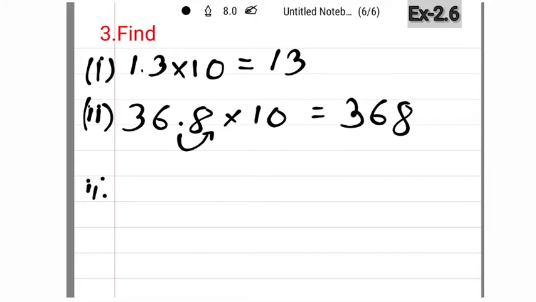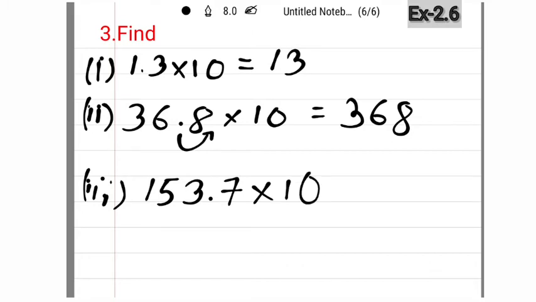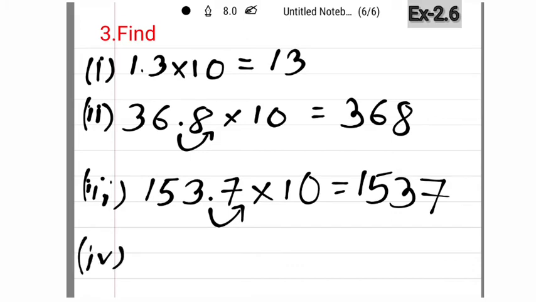Now come to your triple I bit, 153.7 into 10. Here also it is multiplied with 10. That means the decimal point is shifted one digit towards right. Then your answer is 1537. Now come to your IV bit.